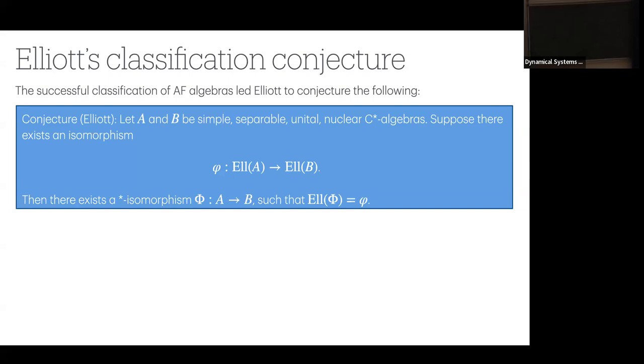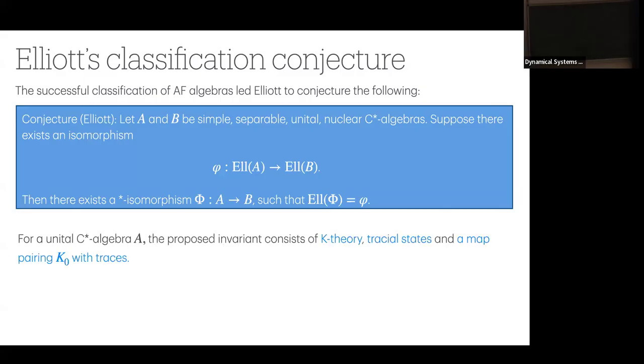So for AF algebras, this invariant turns out to be exactly this dimension group I mentioned. In more general terms, for a unital C-star algebra, it's composed of the K-theory. So we just sort of vaguely saw what K0 was. There's also a K1 group in C-star algebras. Tracial states, in the case of a crossed product, these are going to be the same as invariant measures in the dynamical system. And a map that pairs K0 with traces.